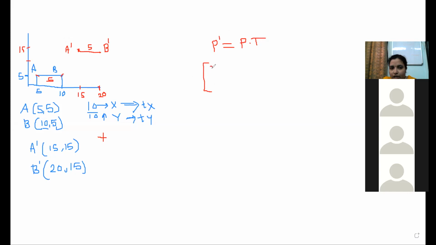So I am going to write it in this format, x1 y1 1 and x2 y2 1. हे काय आहेत आता, x1 dash y1 dash 1 हे झाले A dash चे कोऑर्डिनेट्स. रिझल्ट नंतर हा तुमचा A चेंज होतोय A dash मध्ये, सो हे झाले A dash चे कोऑर्डिनेट्स. आणि x2 dash y2 dash 1 हे झाले तुमचे B dash चे कोऑर्डिनेट्स.